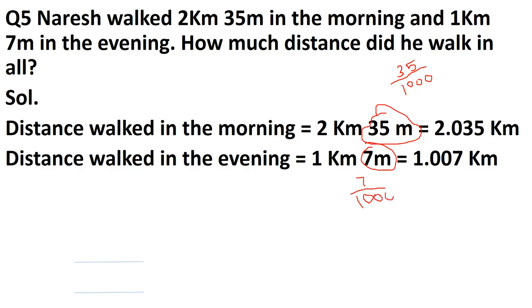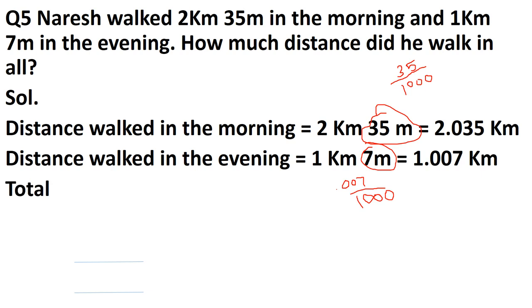Again here are 3 zeros. But in the numerator we have only one digit, that is 7. So before 7, here also you will write down 0. Here also you will write down 0. Now 3 digits are here. So we will place decimal here. It is decimal 007.